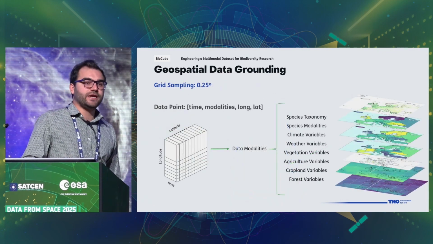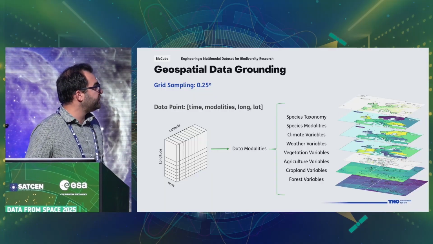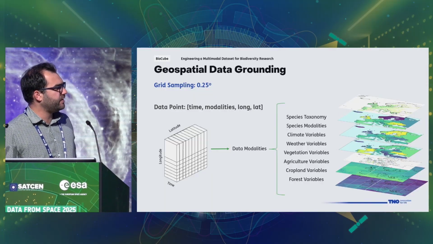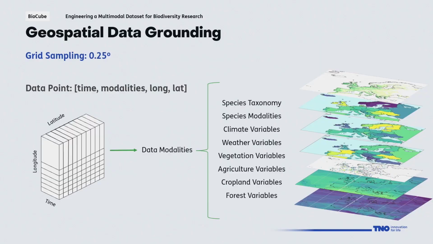The sampling of our data so that it can be harmonized is on 0.25 degrees, which, correct me if I'm wrong, is 27 kilometers, 30. So each data point looks like this. So here you can see a visualization of different modalities if we plot them. So it's like a big tensor in practice with slices, where you can sample each of these variables however you like.